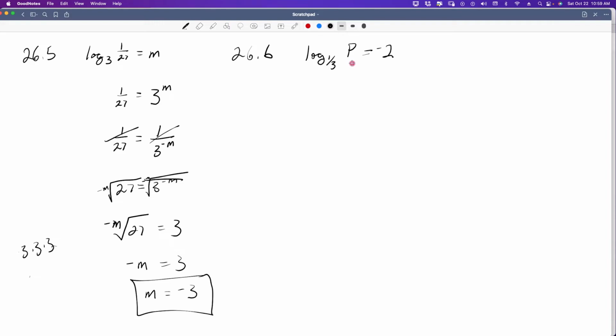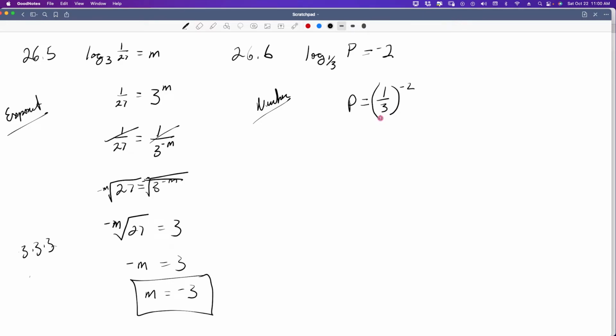So these are example problems that you need to write down what's going on. This is how to solve for the exponent here, right? The previous ones were solving for the base. This one is solving for the number. So now let's rewrite this in exponential form so that we know what we're doing. So p is equal to 1/3 with the exponent of -2.